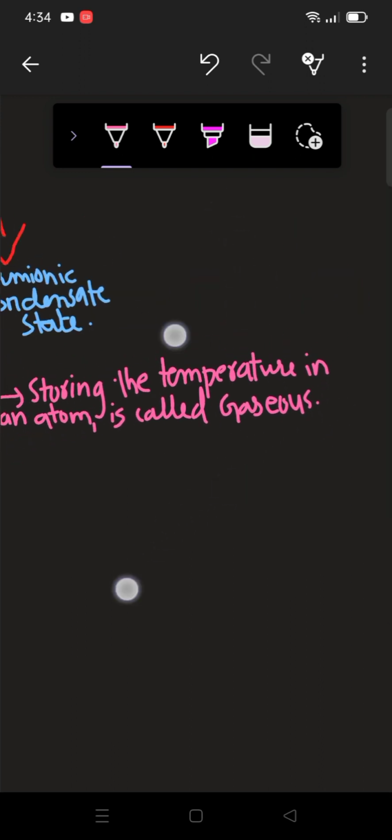You must have seen the writing structure of the elements or atoms like this: Na positive, G. So we think that this is a gas. However, this is not a gas at all.